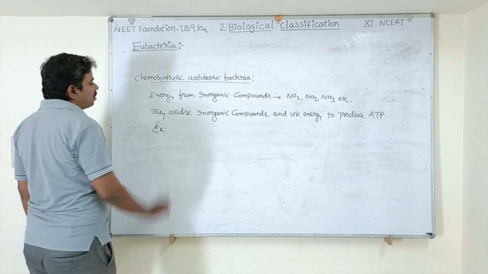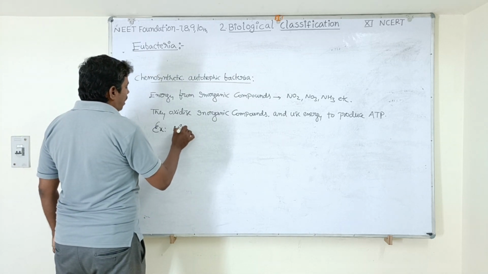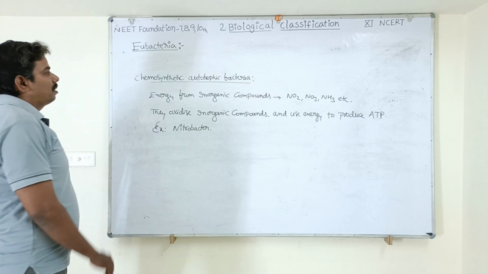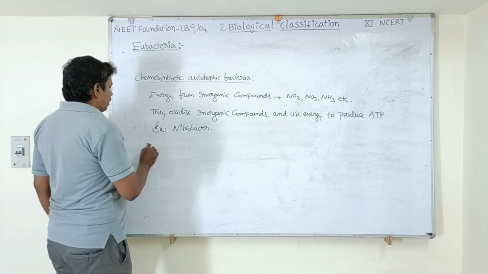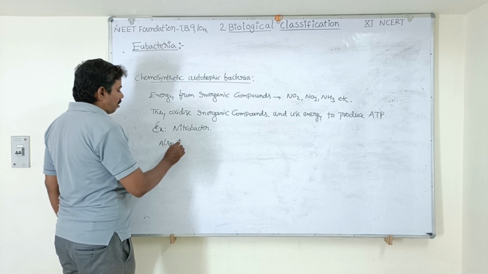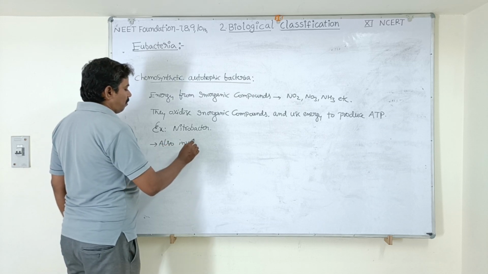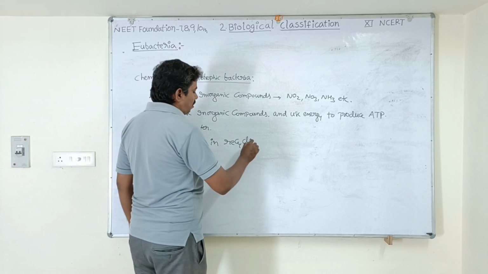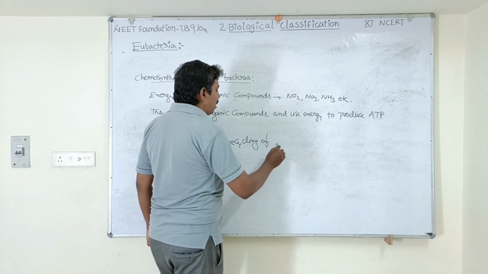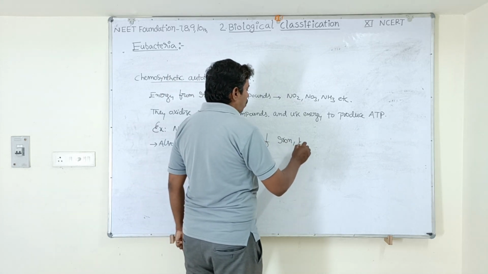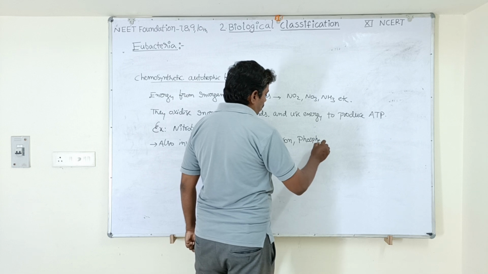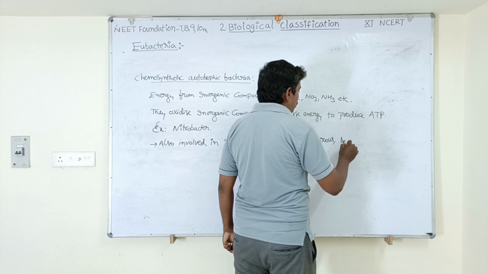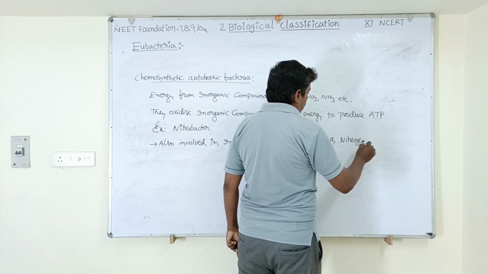Examples of chemosynthetic autotrophic bacteria: Nitrobacter. These bacteria are also involved in recycling of iron, phosphorus, nitrogen and sulfur.